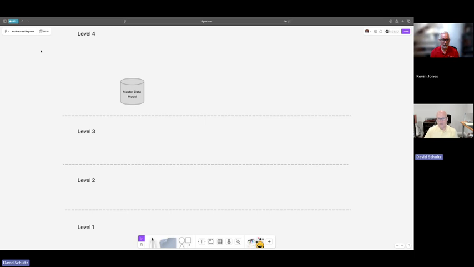So the first thing we want to focus on is the master data model. People who have done ERP and database implementations are going to be very familiar with the master data model. Depending on the use case or the nature of the business, we want to construct the overall database schema utilizing some sort of a common schema and modeling all that data through what is affectionately known as the master data model.